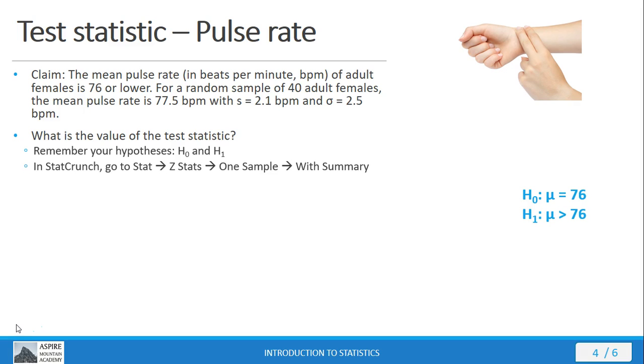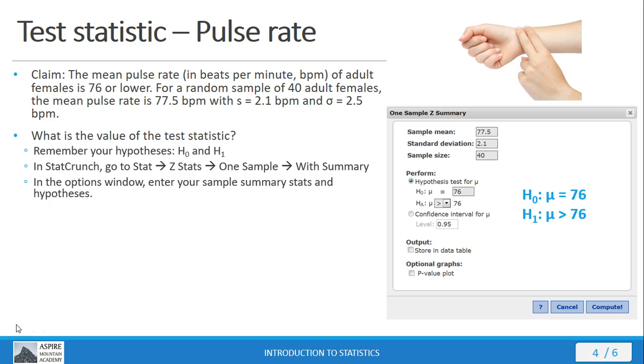Now in StatCrunch we can go to Stat, Z-Stats. We're using Z-Stats because we know what the population standard deviation is. It's given there in the problem statement, the 2.5 beats per minute. One sample, because we've got just the one sample. With summary, because we've got summary stats, we don't have any actual data.